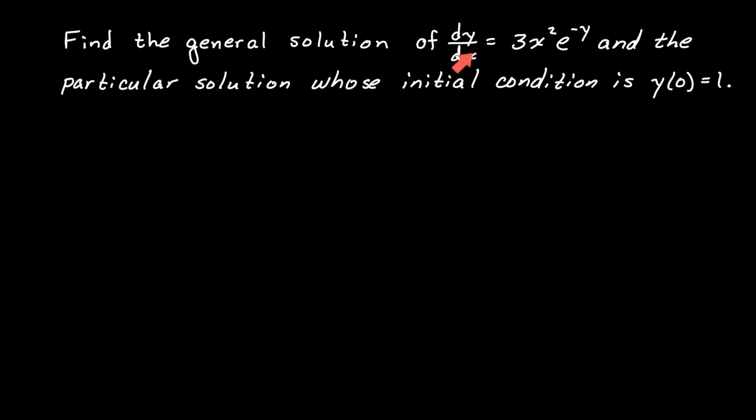We do not know what the y function is yet, and we're going to be using separation of variables in order to determine what that equation is in terms of y. That solution, or that equation in terms of y, will be called our particular solution.